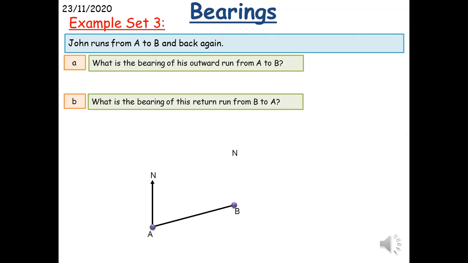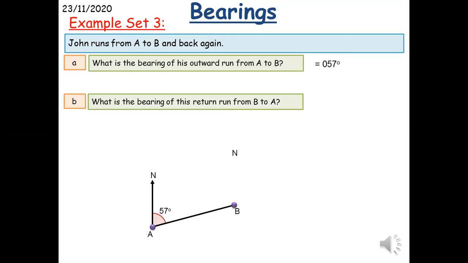And I'll measure the angle, which is clockwise. So for example, if I give you this angle, 57, the bearing will be 057.